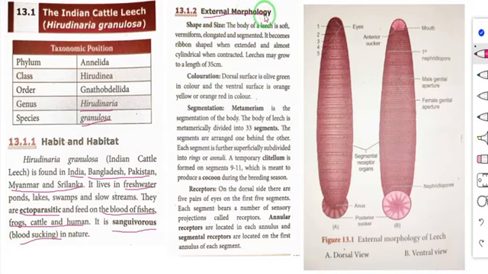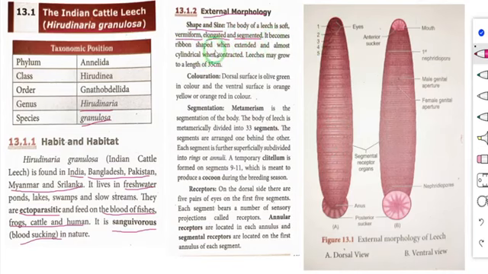External morphology, appearance. Okay, so first one, shape and size. The body of leech is soft. So this is the structure of leech. The body of leech is very soft, vermiform. Vermiform meaning worm-like structure, elongated and segmented.